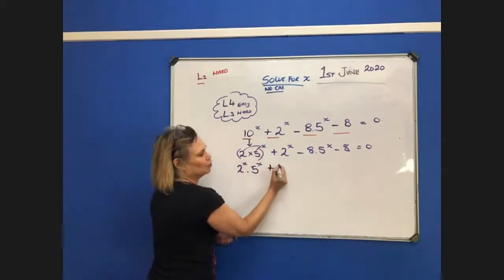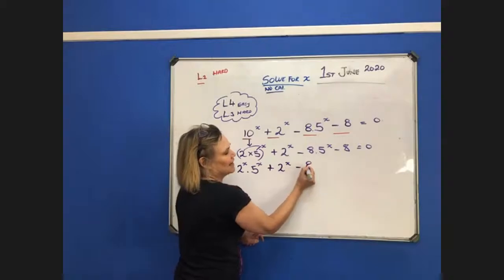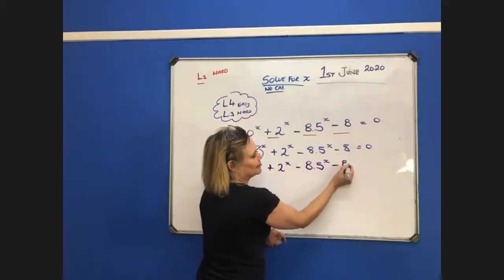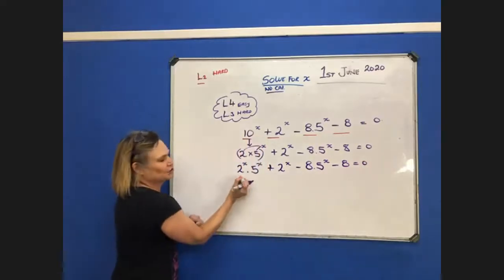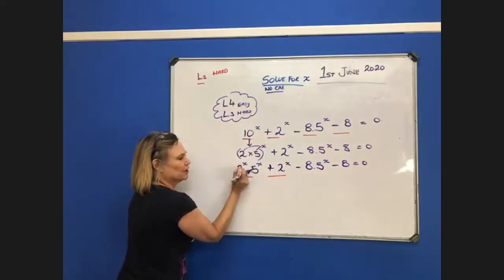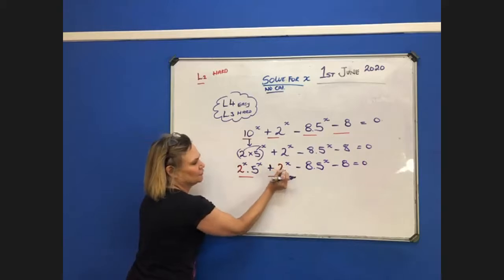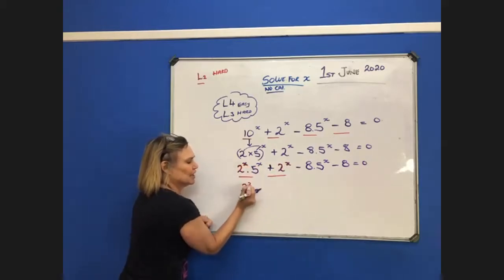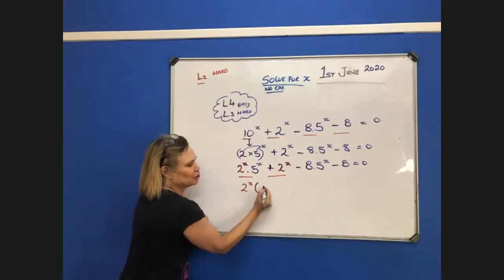Here you've got 2 to the x minus 8 times 5 to the x minus 8 equals 0. Now I notice in these two terms, we've got a highest common factor of 2 to the x. If you take out 2 to the x, by division, you're left with 5 to the x plus 1.